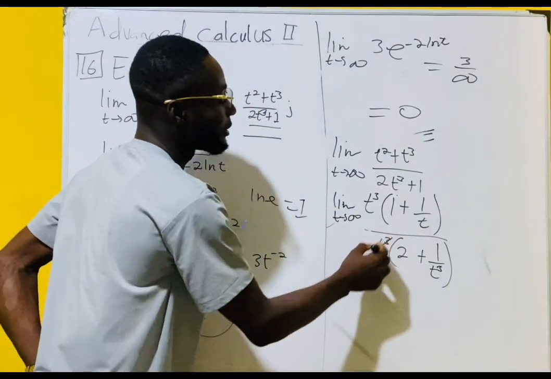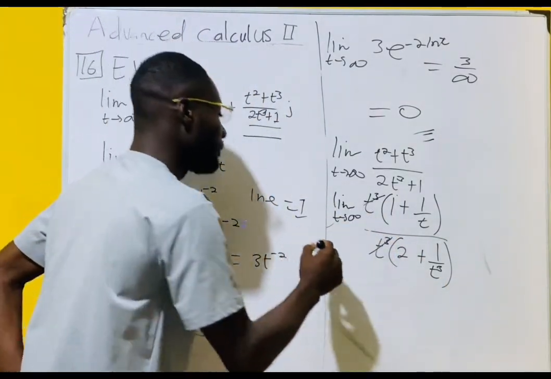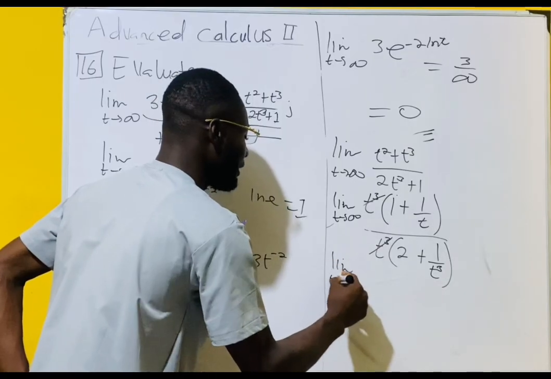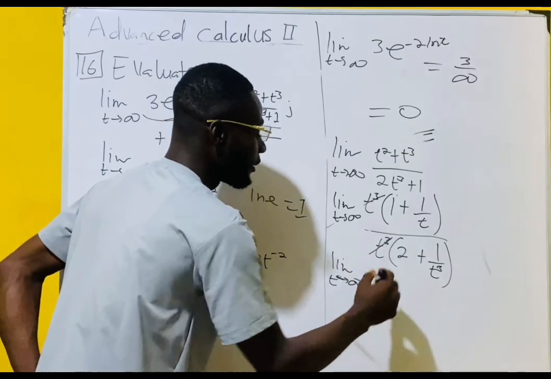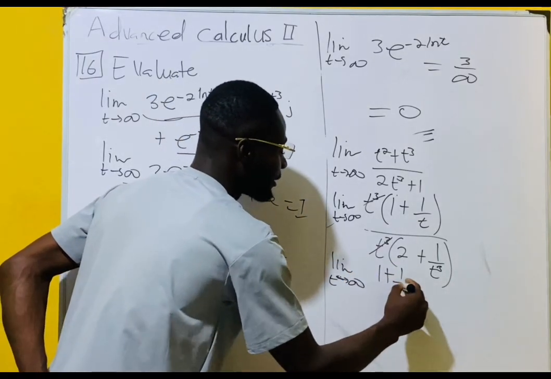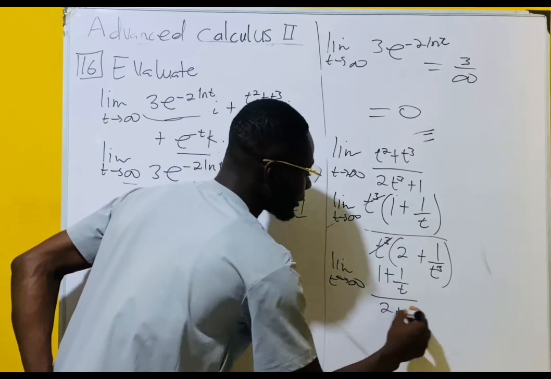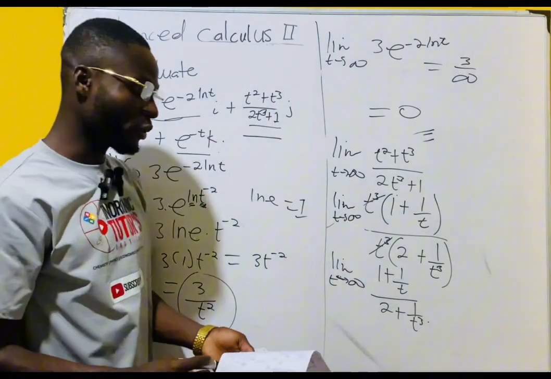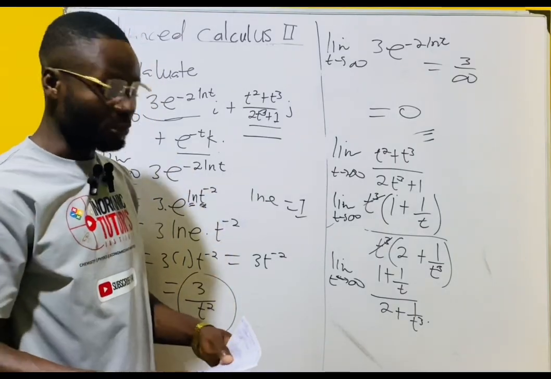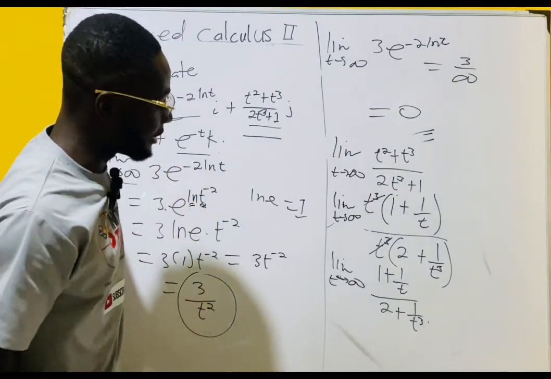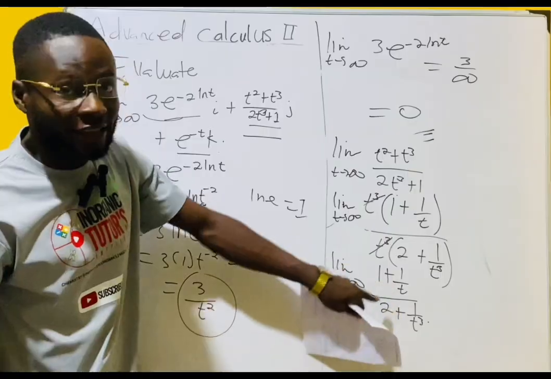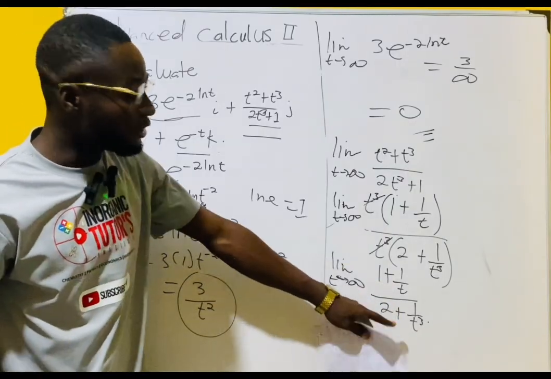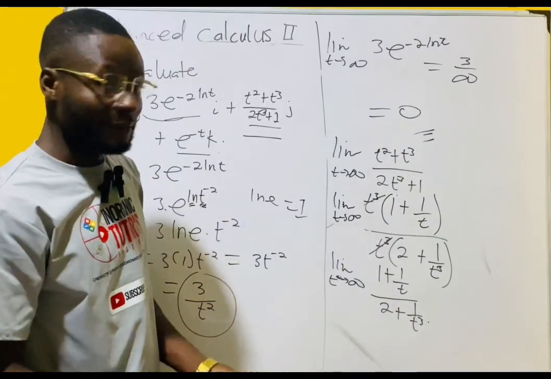So we can see that this cancels this, and then we are going to have the limit as t approaches infinity of (1 plus 1 over t) all over (2 plus 1 over t cubed). This is basically going to make the work so easy for us, right? Now we can substitute the infinity into the simplified expression.